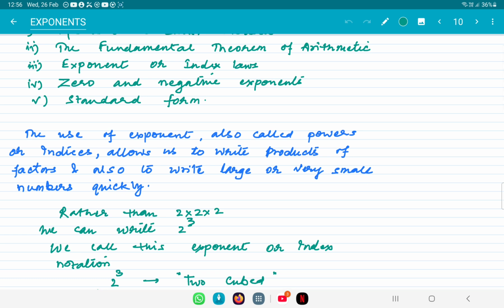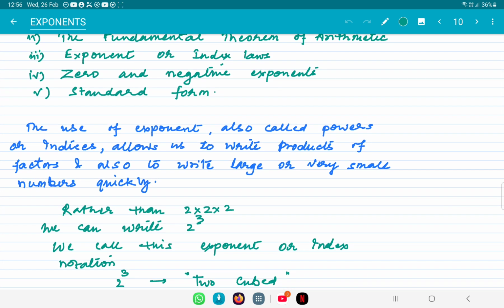The use of exponents, also called powers or indices, allows us to write products of factors and also to write large or very small numbers quickly. When we do different sums, you can see very easily that large numbers can be written in the form of index or exponent.